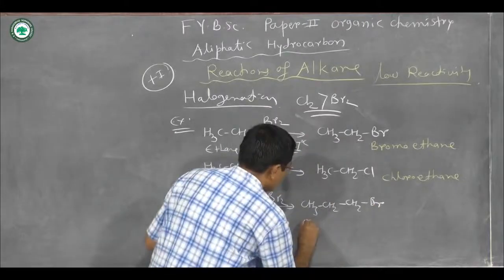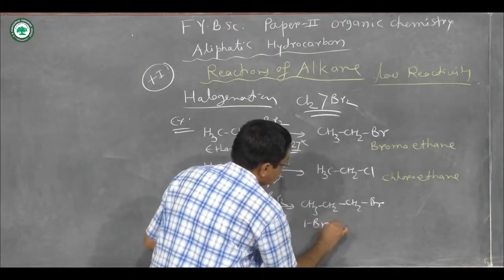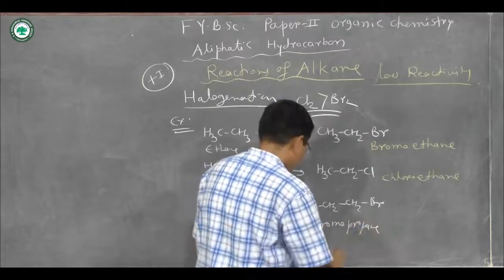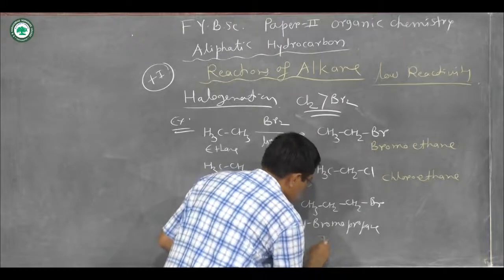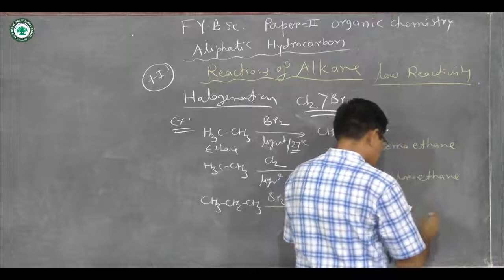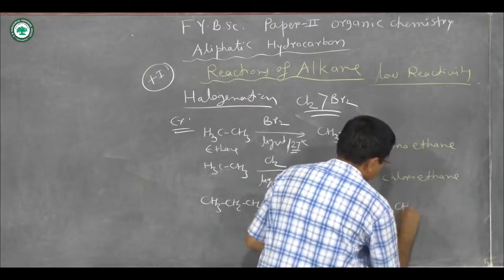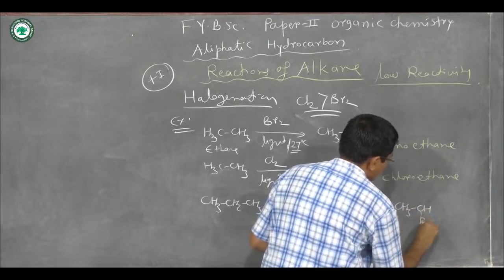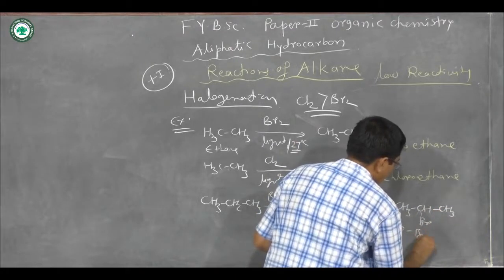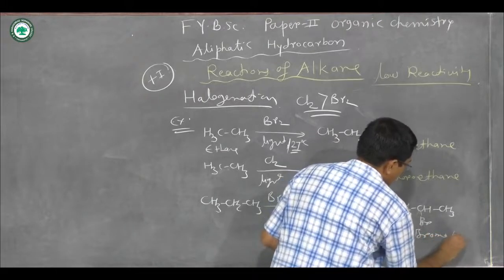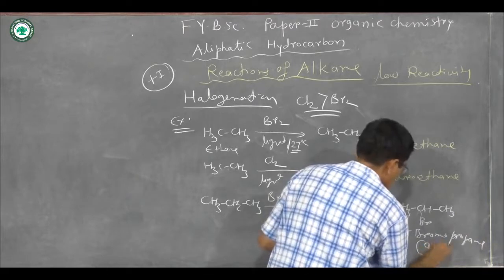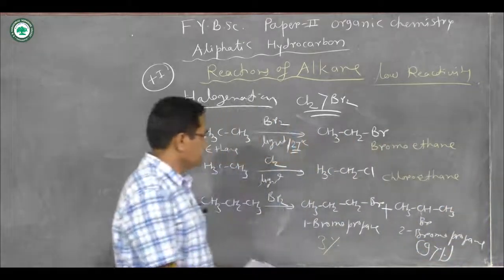That is 1-bromopropane, and this is only 3%, plus 2-bromopropane, and it is 97%.